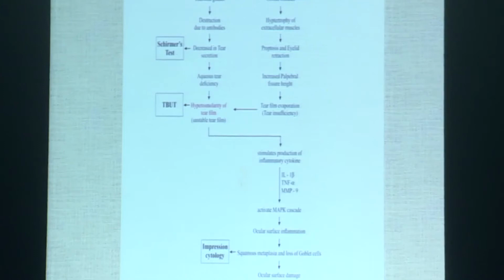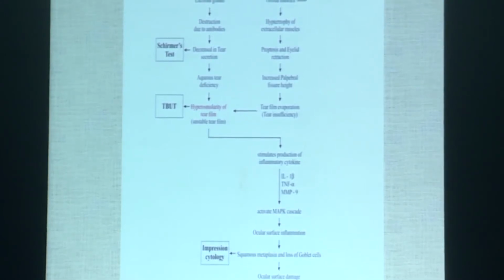Once the tear film is hyperosmolar, it stimulates a cascade of inflammatory cytokines like interleukins and MMP, and there is ocular surface inflammation leading to squamous metaplasia and loss of goblet cells. So in the hyperthyroid, we can see it clearly. There are 2 mechanisms. One, initially, is due to antibody against lacrimal gland, but once it has increased, there is hypertrophy of orbital muscles, proptosis, eyelid retraction, so there is tear film evaporation.